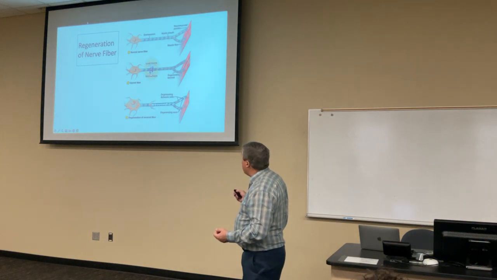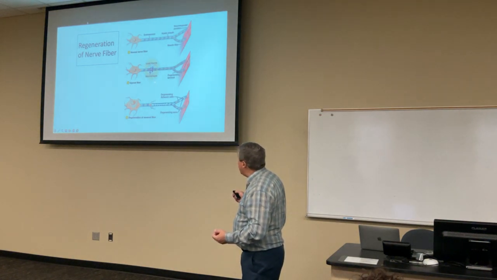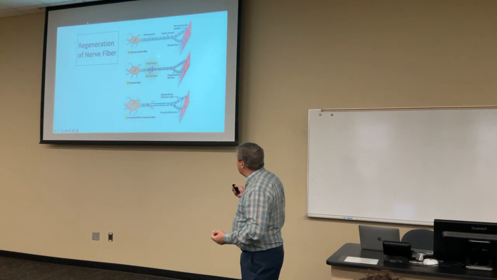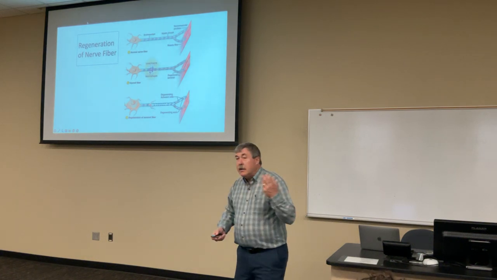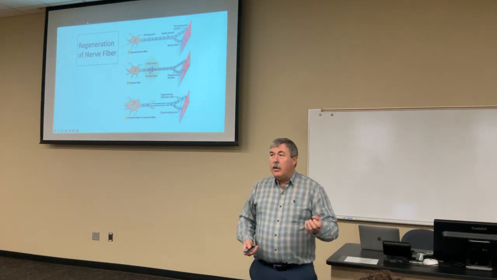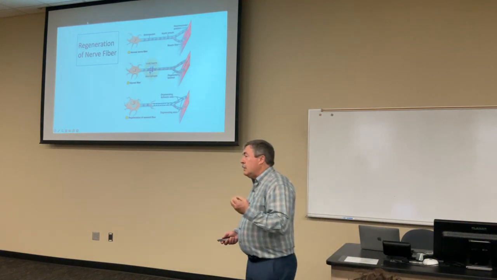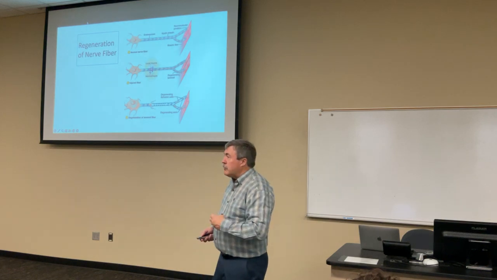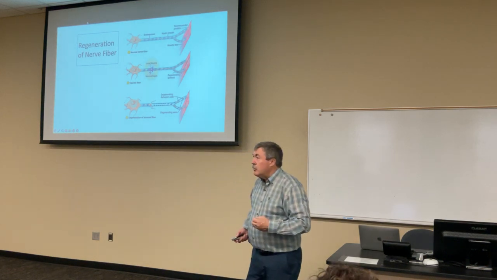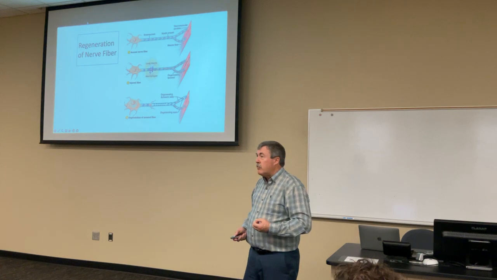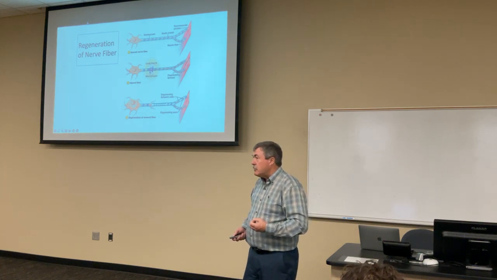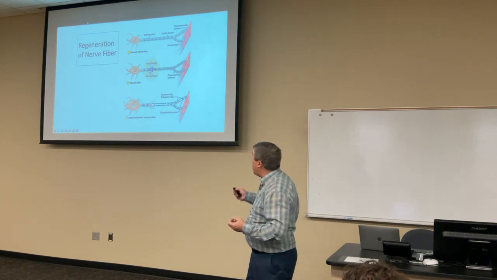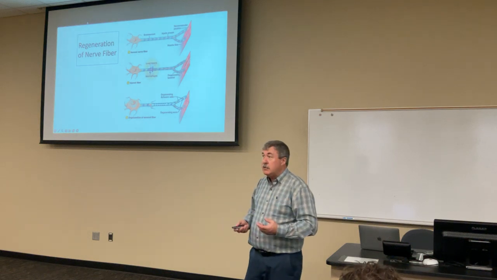So let's say that this neuron, and these are some muscle fibers over here, and keep in mind that one neuron typically stimulates anywhere from several to possibly over 100 muscle fibers, because they have many branches.